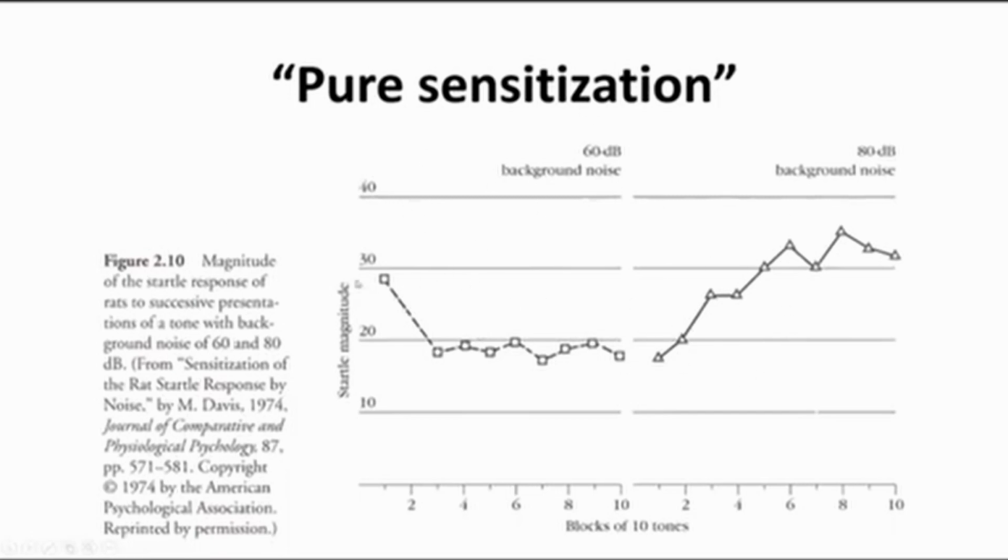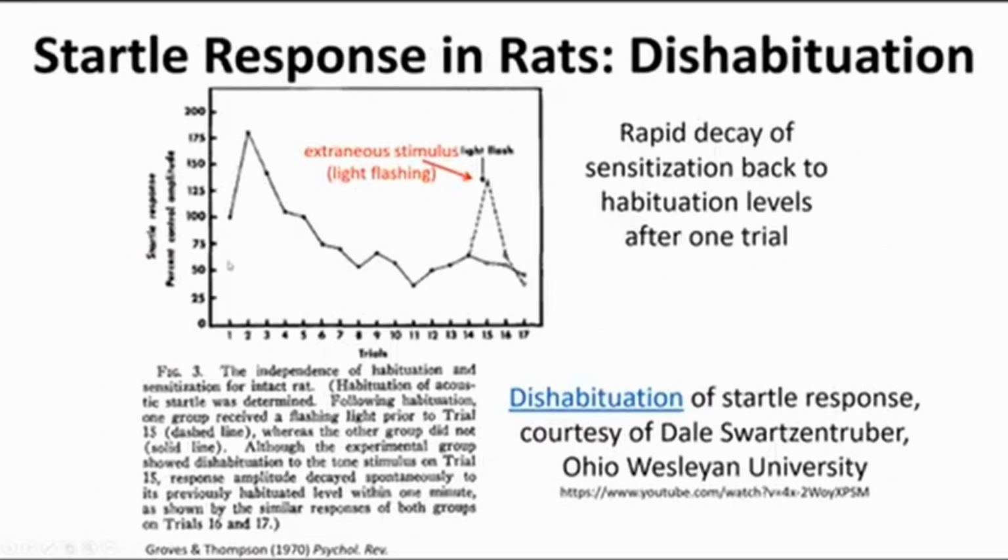We can start picking stuff apart by showing our trials, or our responses, to two different stimuli at the same time. So we have these rats, with startle response over time, and the solid line being them habituating.